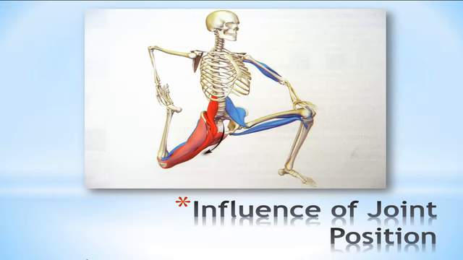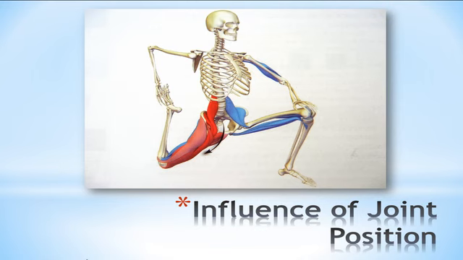A great example is our piriformis muscle, which we remember as an external rotator of the hip. Well, as we move into hip flexion above about 90 degrees, it becomes an internal rotator because the axis has shifted relative to the force vector of the muscle.